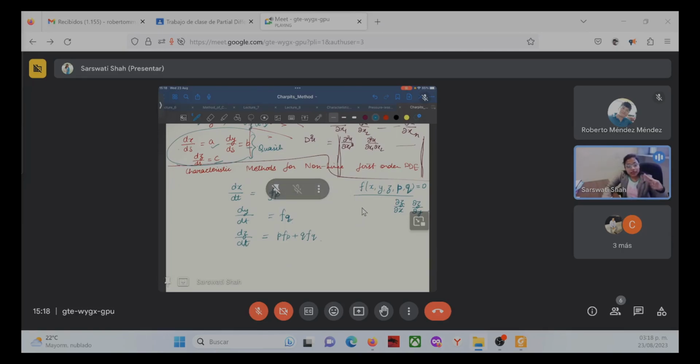we write the characteristic equation for the Monge generator. And this was dp over dt equals minus Fx plus p Fz and dq over dt equals minus Fy plus q Fz. So this is the set of characteristic equations.